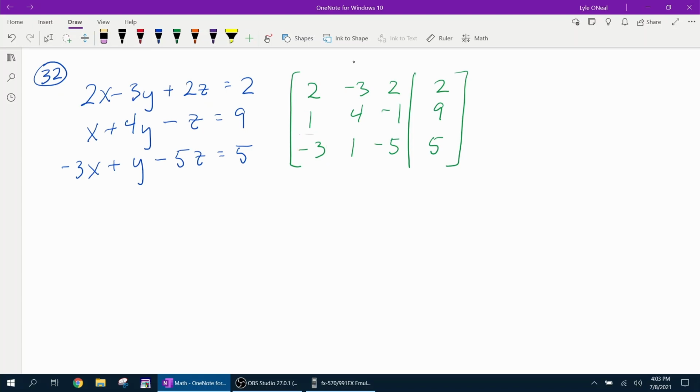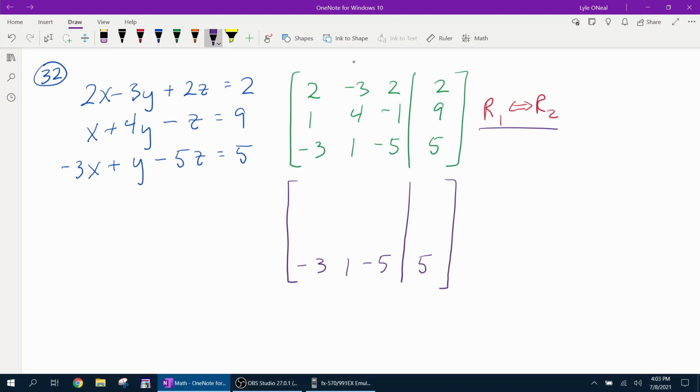And we do need to make sure that we use the correct notation and notate every row operation. So first, we're going to do a row swap. I'm going to swap rows 1 and 2. Notice row 3 is not going to change, so I'm going to copy and paste the row that doesn't change, and then we're going to execute our row operation. 1, 4, -1, 9.